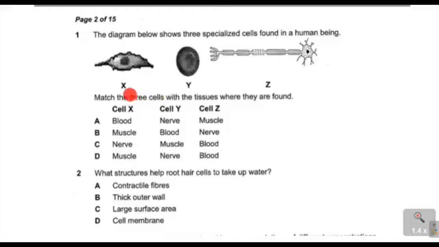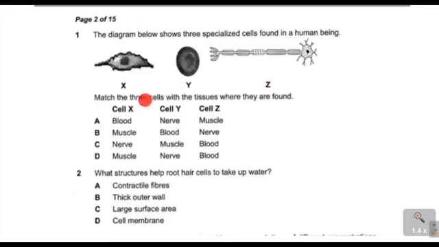So our muscle cell, which is cell X, is found in the muscle. Then we have cell Y, which is the red blood cell, which is found in the blood. Then we also have cell Z, which is the nerve cell, which is found in the nerve.